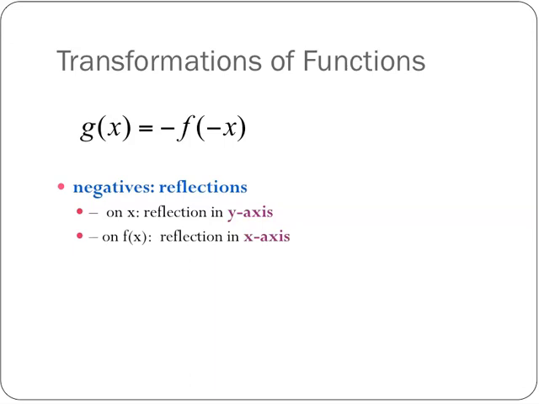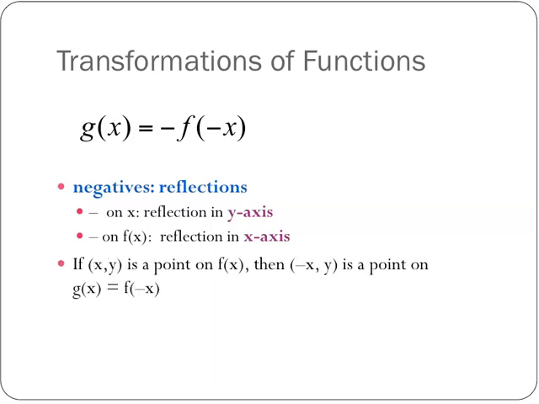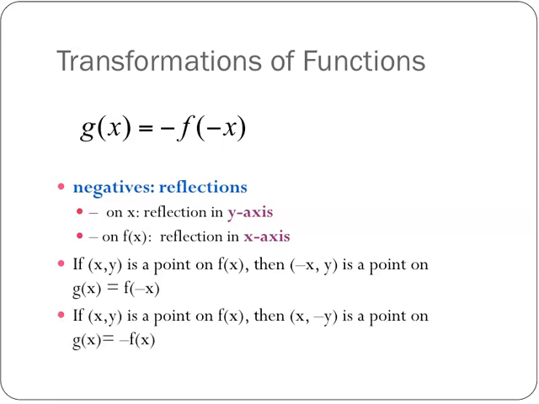Now, if x, y is a point on your parent function, then for the first case, when you have a reflection in the y-axis, negative x, comma y will be a point on the transformed function. On the other hand, if you have x, y on your parent function and you have a negative on the outside of the function, then x, comma negative y will be a point on your transformed function.